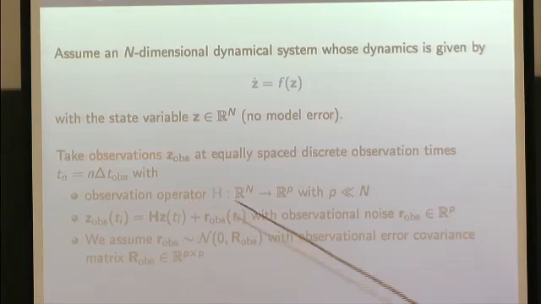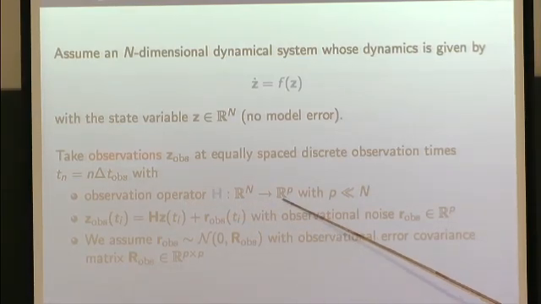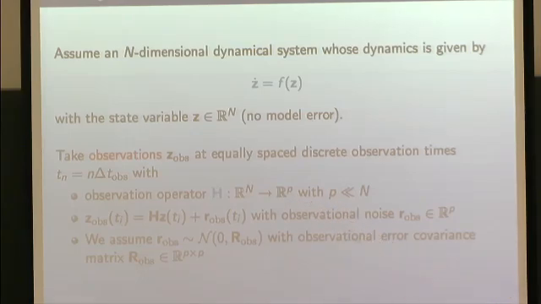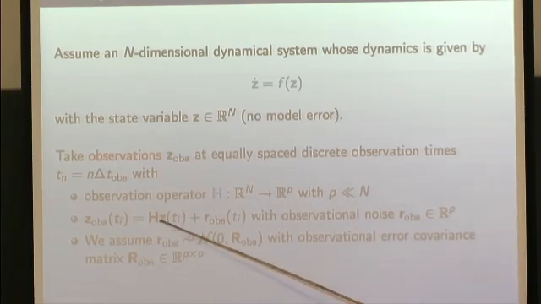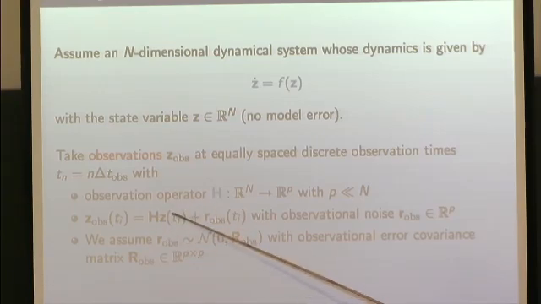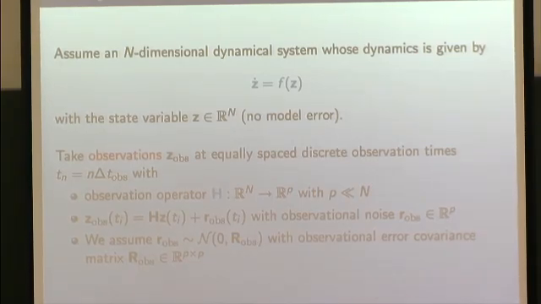We have an observation operator that goes from our full state space R^n to a much smaller observational state space with dimension p. We write observations as this observation operator acting on our truth, plus some Gaussian error, eta_obs, that has a specified error covariance, capital R_obs.